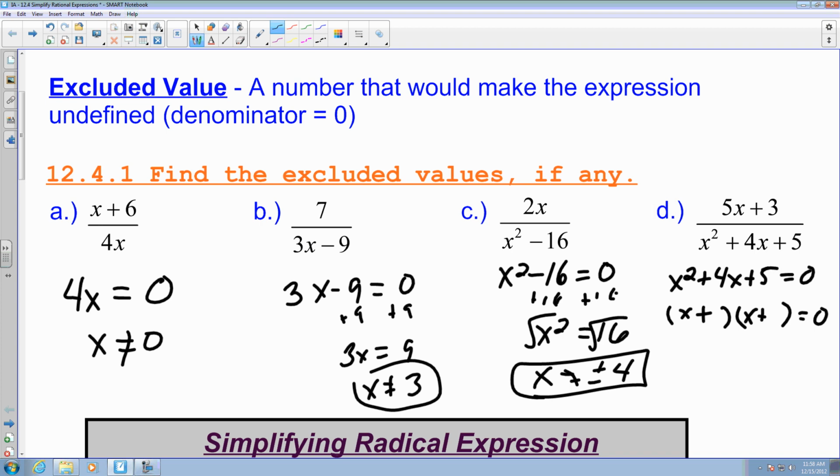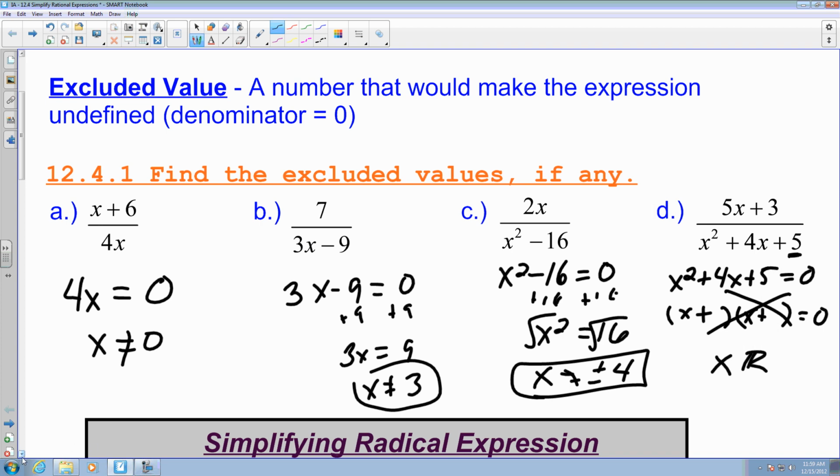I can't think of any, so this does not factor. It appears that there's no real number that would make it 0, so I'm going to say that x can be all real numbers. There is no excluded value for D.